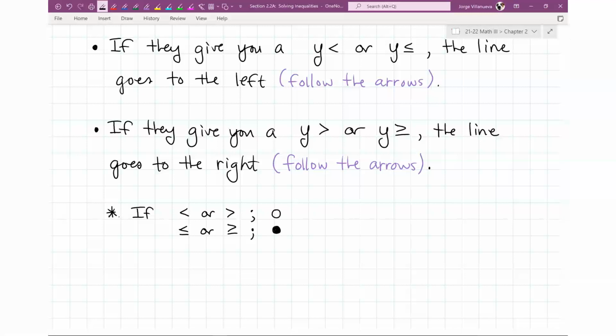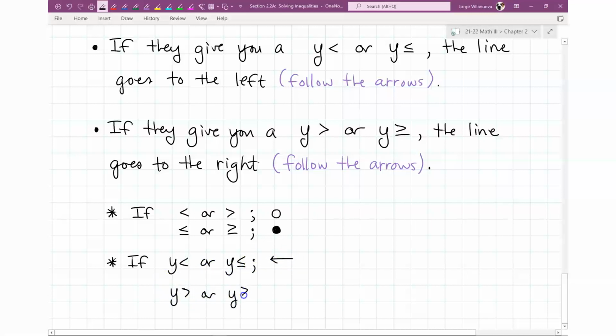Okay? Here's the other part. If y less than or y less than or equal to, you're going to go left. Okay? Y greater than or y greater than or equal to, you're going to go right. So that's your little cheat sheet in a sense, okay?